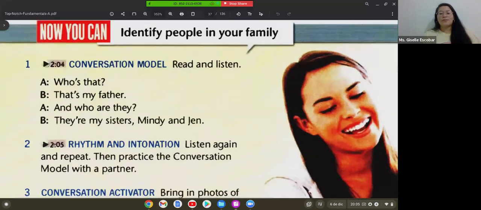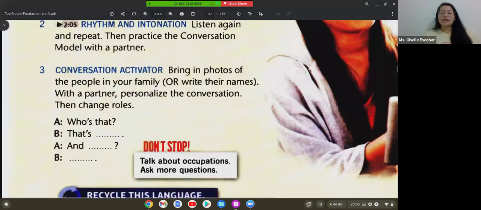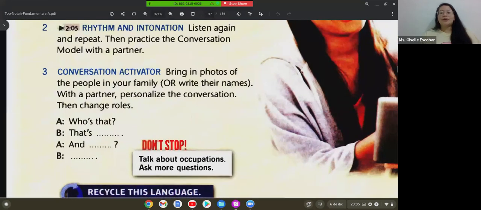So now we have a conversation activator. It says bring in photos of the people in your family or write their names. We're going to use names in this case. So it says with a partner, personalize the conversation, then change roles.